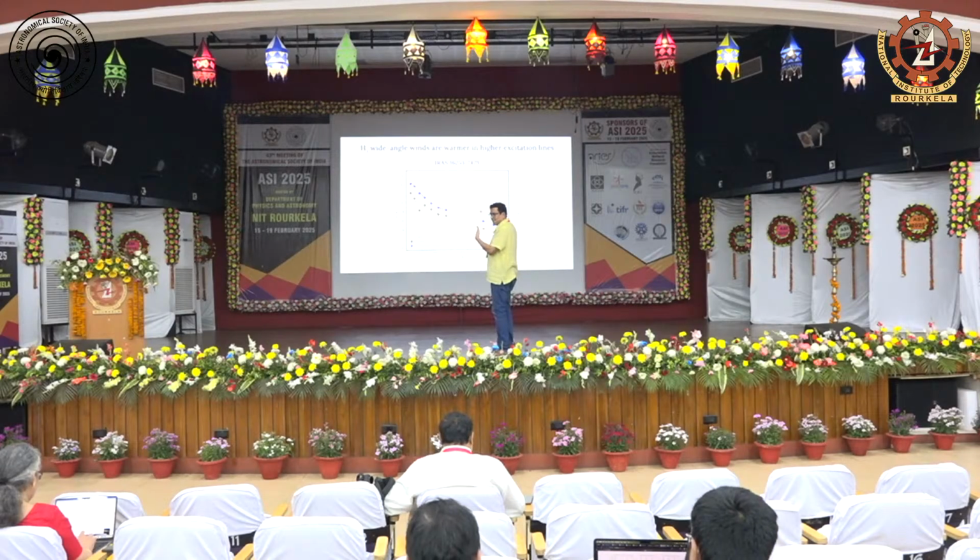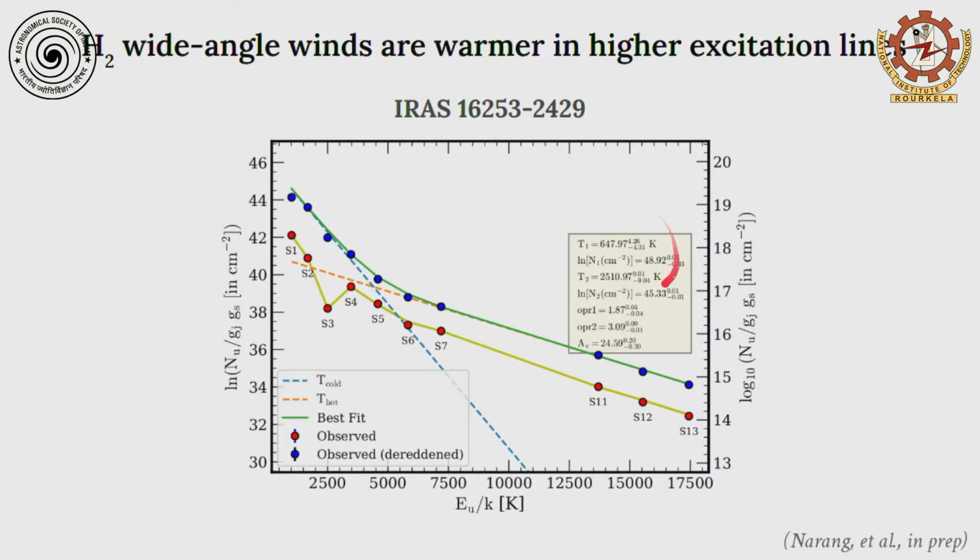And since we are dealing with rotational levels here, we call it rotational temperature. For the low excitation component, it ranges for different sources between 600 to 1000 Kelvin, whereas for the high excitation hydrogen lines, the rotational temperature ranges from 1500 to 2500. So it's warmer. The high excitation, narrower component seems to be warmer gas.